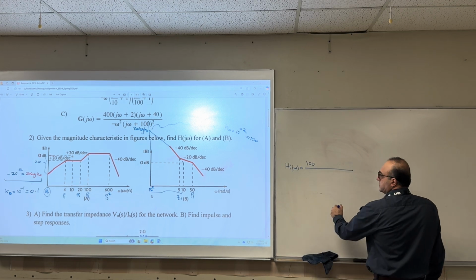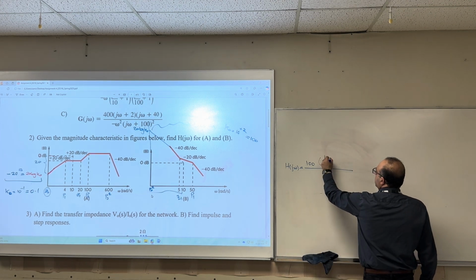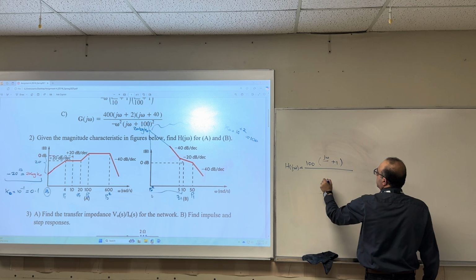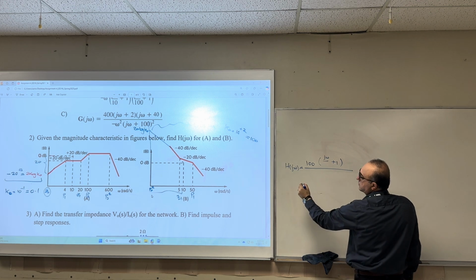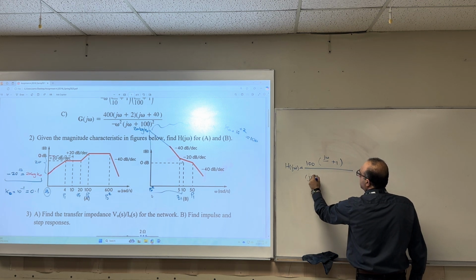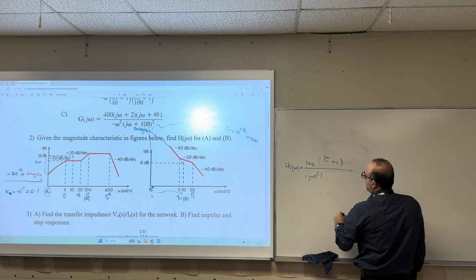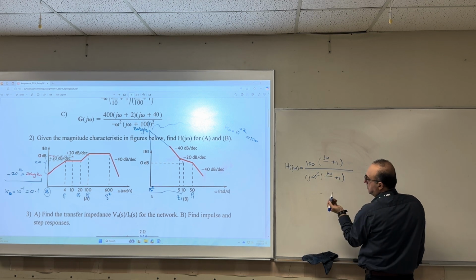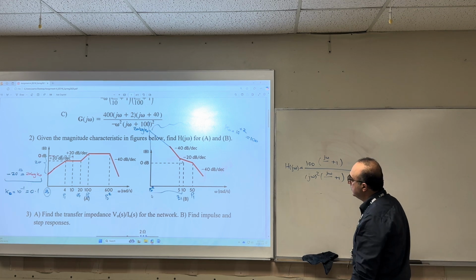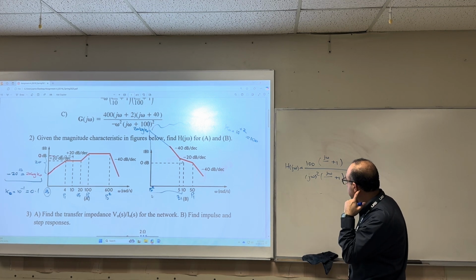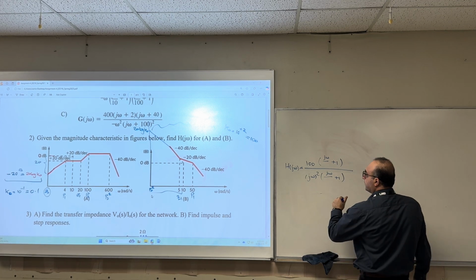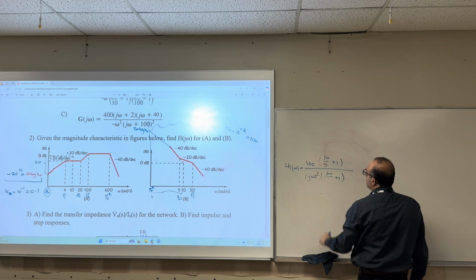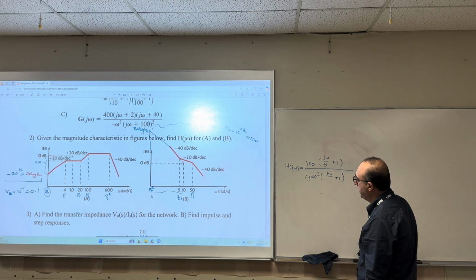So it's going to be j omega plus 1 here. At origin I have 2 poles, j omega squared, and j omega plus 1. Okay, the first zero is at 5, and the P1 is at 50.